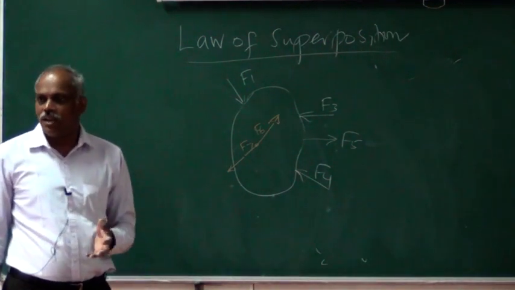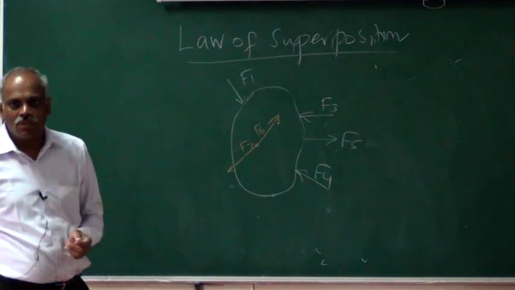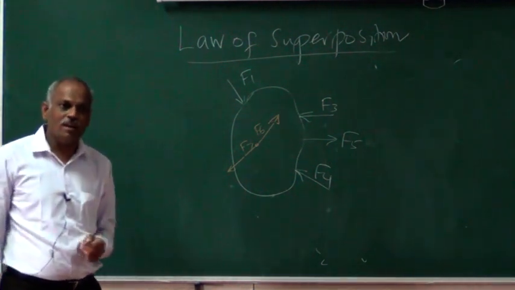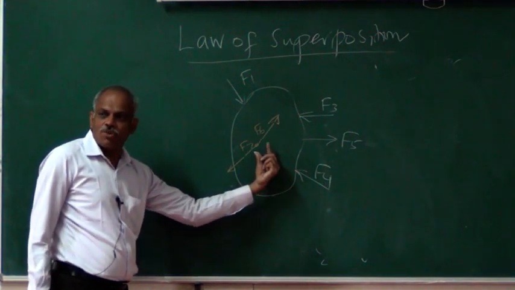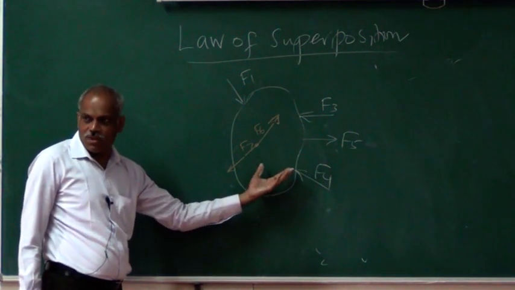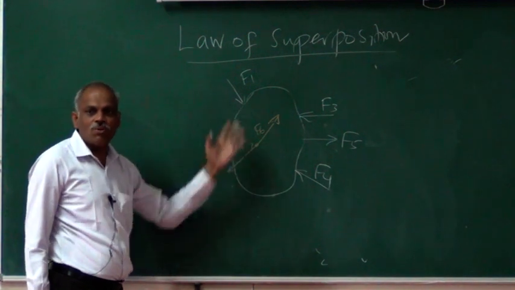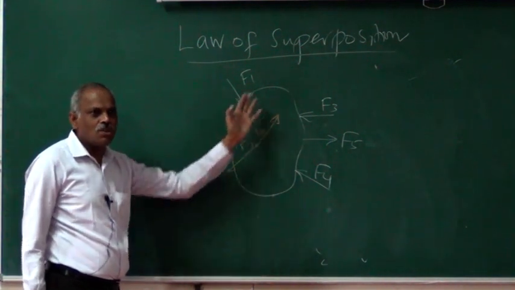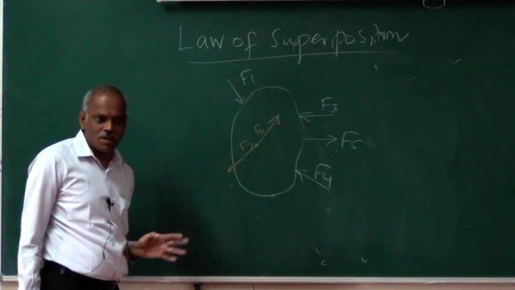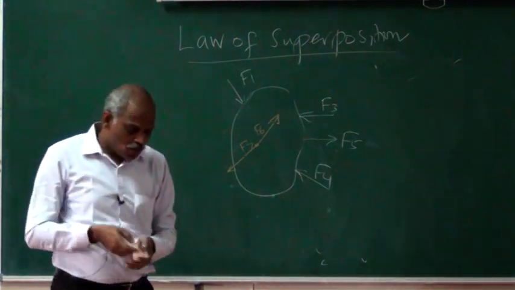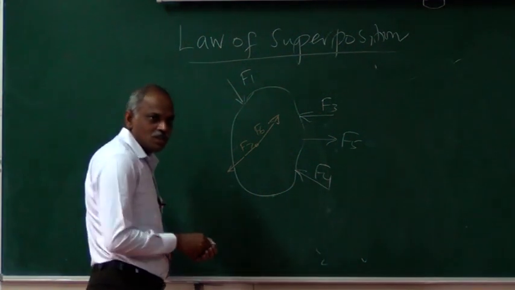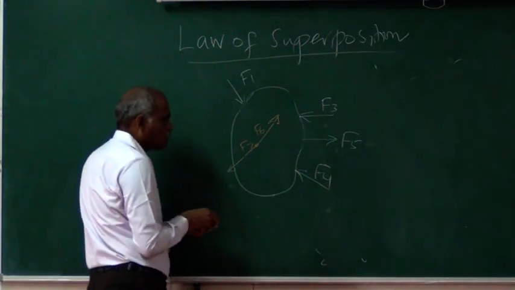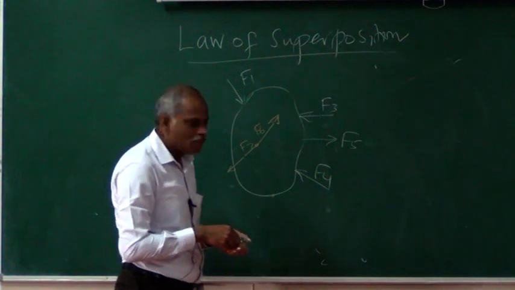So this law gives me the freedom or authority to introduce a system of forces which is already in equilibrium on my own wish, without affecting the original effect of the system of forces. Okay, so like this I can introduce another system of forces which are in equilibrium.